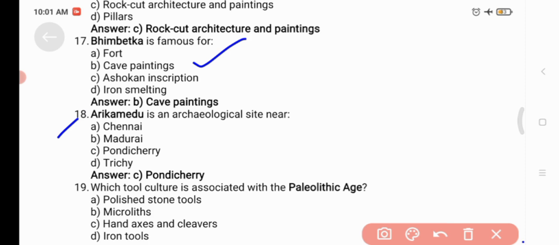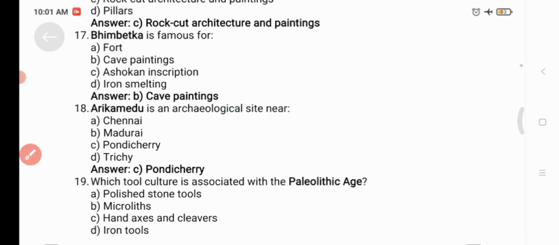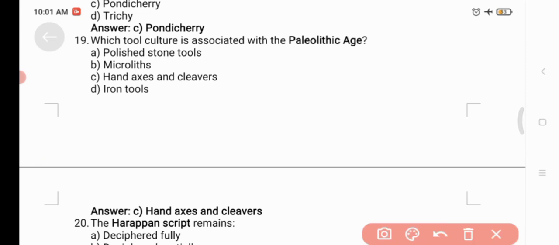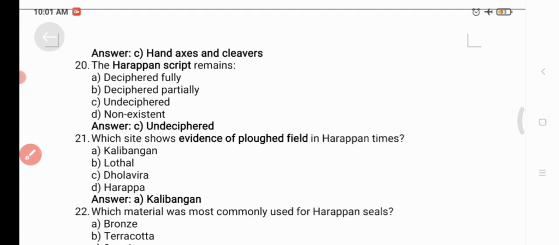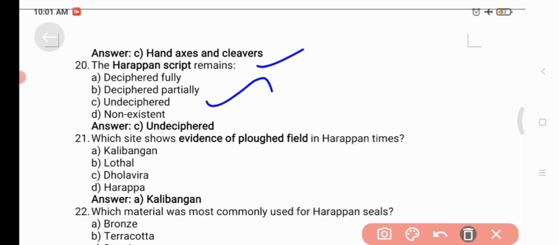Arikamedu is an archaeological site near option C, Pondicherry. Which tool culture is associated with the Paleolithic age? Option C, hand axes and cleavers. The Harappan script remains option C, undeciphered.